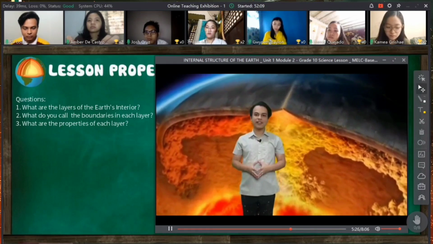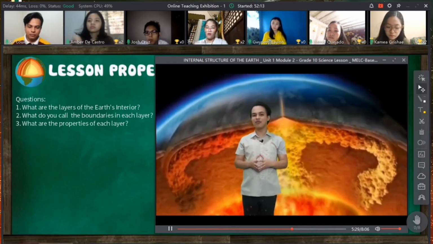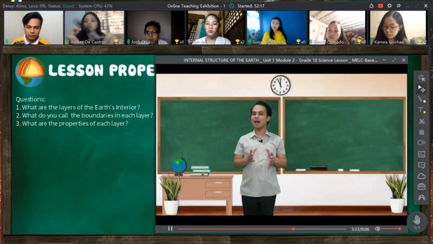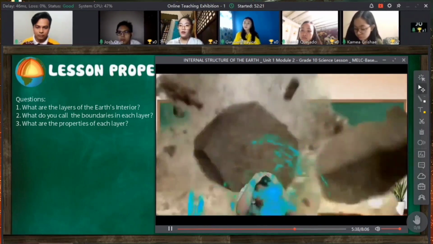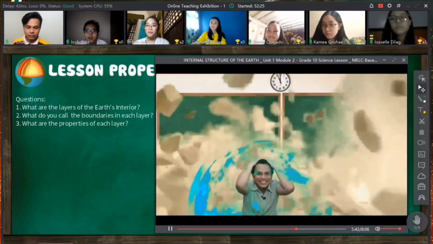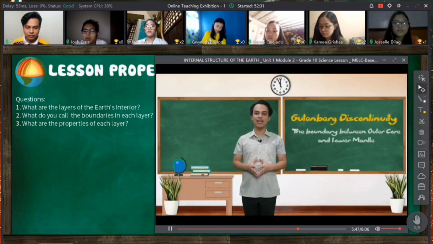Since ang asthenosphere ay molten and flowing underneath the crust, it causes the movements of lithospheric plates, na siya namang nagiging dahilan ng paggalaw ng mga continents. Kaya tayo mayroong earthquakes.